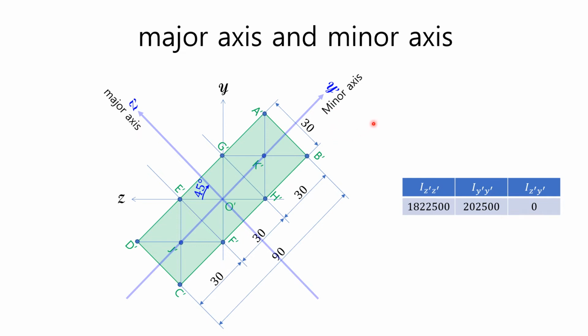Theta p and theta p plus 90 degrees represent the angles from the reference axis to the major and the minor principal axis. Depending on the coordinate system, theta p may mean an angle to the major principal axis or an angle to the minor principal axis.